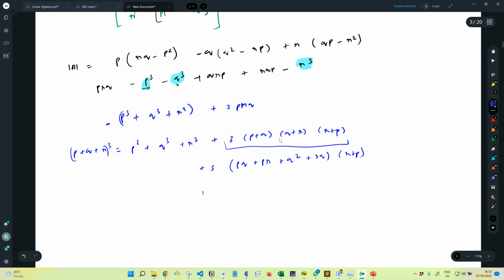Now if I expand this again, then I'll get 3 times pqr plus p square q plus pr square plus p square r plus q square r plus pq square plus r square q plus pqr. Again, I'm getting pqr. Yes, plus pqr.